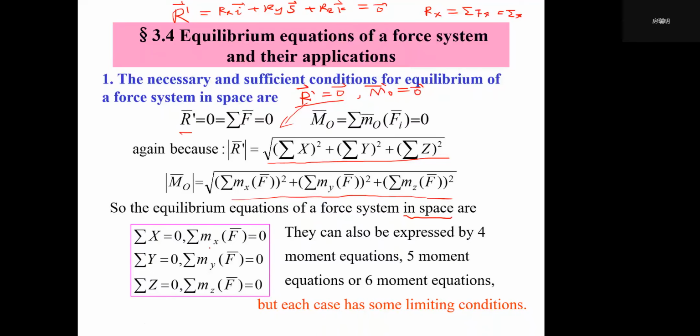And because MO is a vector too, it will have 3 components along X, Y, and Z. So if this one is a 0 vector, then its 3 components also should be 0. So if the force system is in equilibrium, we can use these 6 equations to find some unknowns.